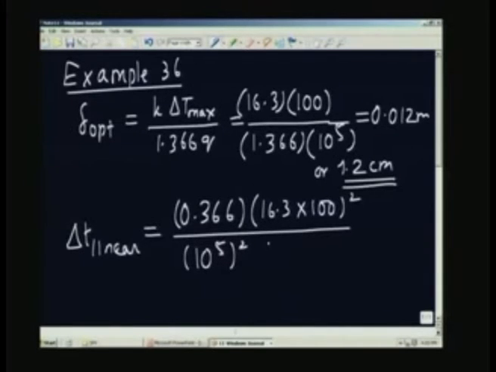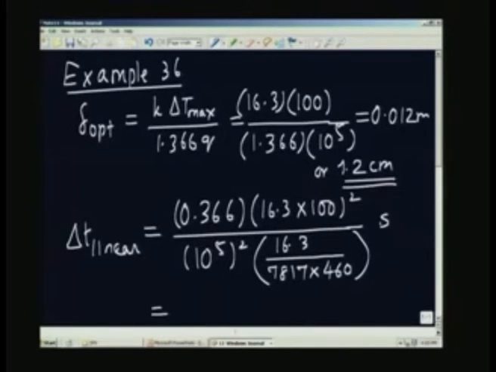Alpha itself is given by K by rho C, instead of I will write it like this, 16.3 divided by rho is 7817 multiplied by C is 460. These are the values which were earlier given on the board, and this will be in seconds, and this comes to about 21.5 seconds.